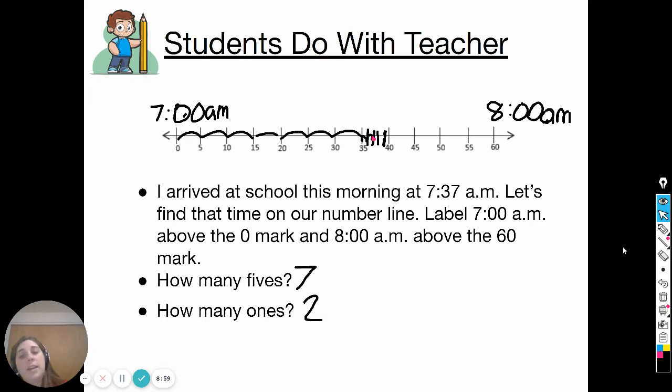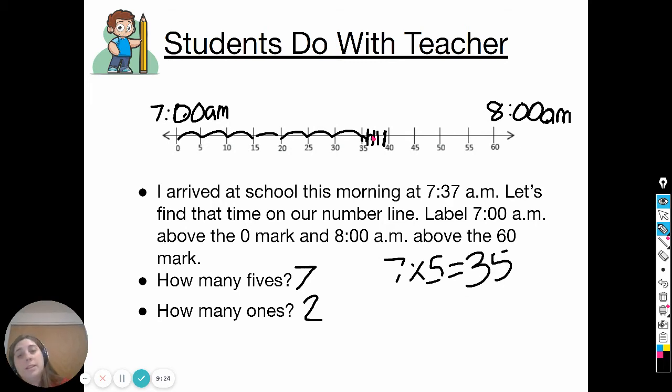So that's kind of like 7 5s, which is 7 times 5. Well, 7 times 5, if we put up 7 fingers and count by 5s, 5, 10, 15, 20, 25, 30, 35, equals 35.